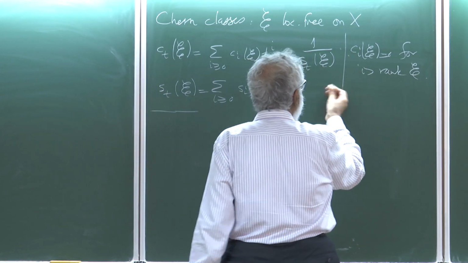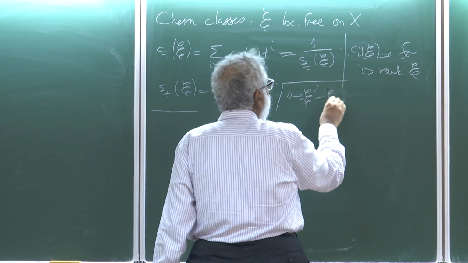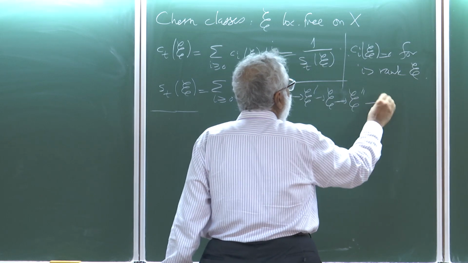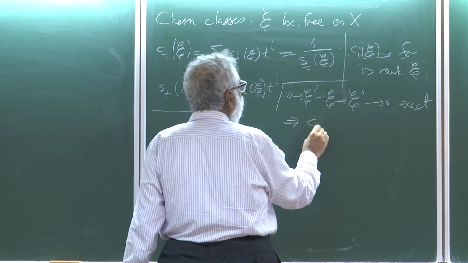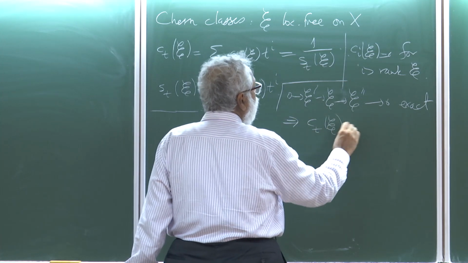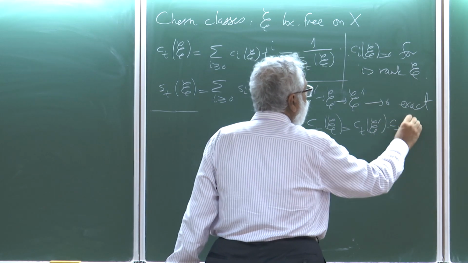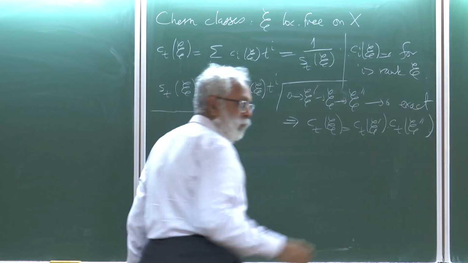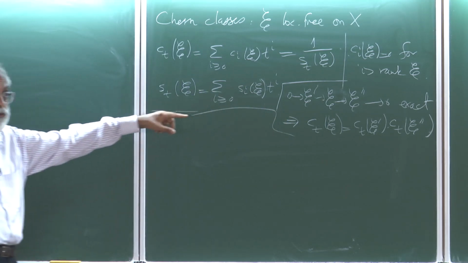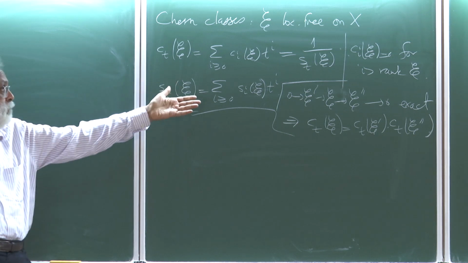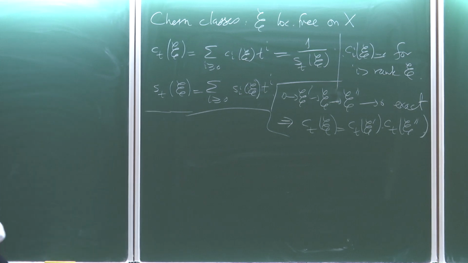Another important property was the one about exact sequences, that if you have 0 to E' to E to E'' to 0 exact, implies C_t(E) is the product C_t(E') times C_t(E''). So the proofs of these two properties were kind of new properties of some sort, different from the properties which we already had for S_i.